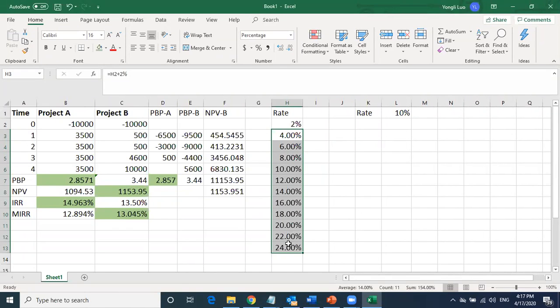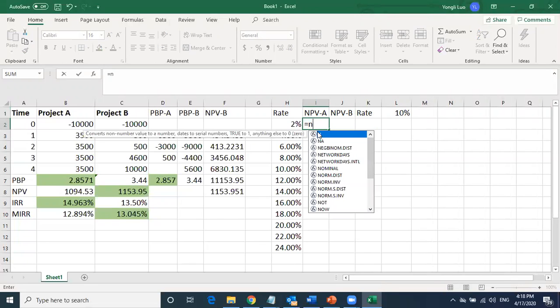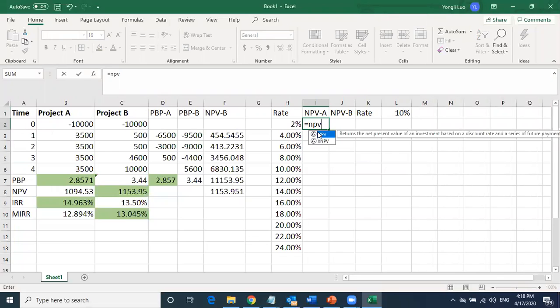Let's say we have a series of interest rates, and then we calculate the net present value of project A and of project B. It's the net present value function.